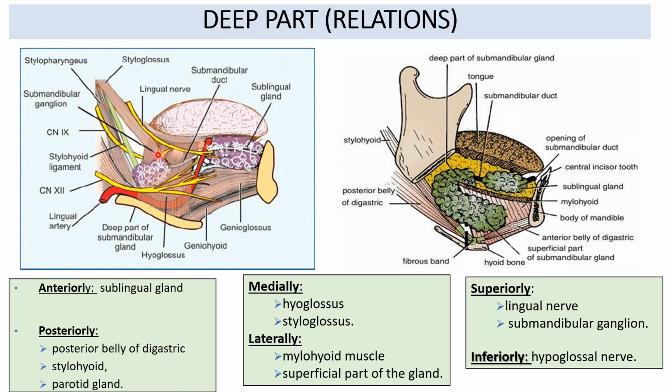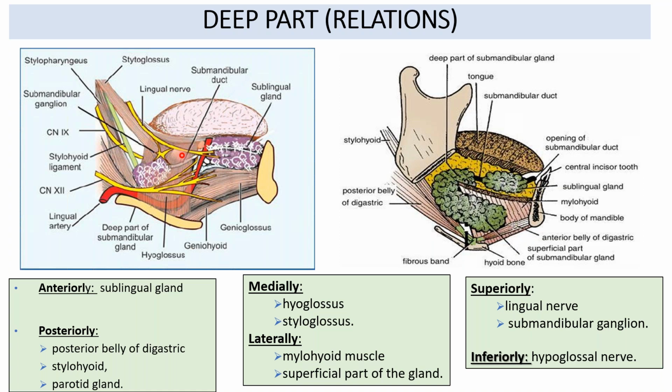So the submandibular ganglion along with the lingual nerve will be related superior to the deep part of the submandibular gland. What is below the deeper part is another nerve, the hypoglossal nerve. So these are the relations. Remember, one nerve is above the deeper part, that is the lingual nerve along with the submandibular ganglion, and one nerve is below the deep part, that is the 12th cranial nerve, the hypoglossal nerve.